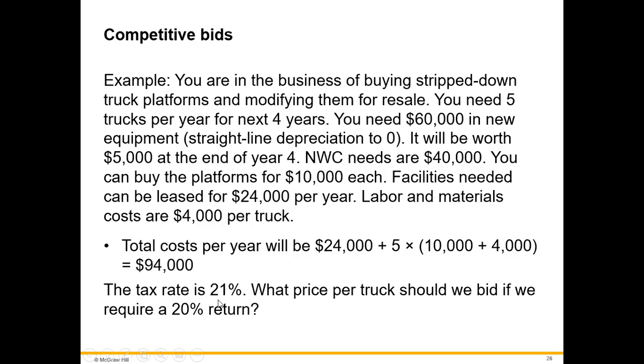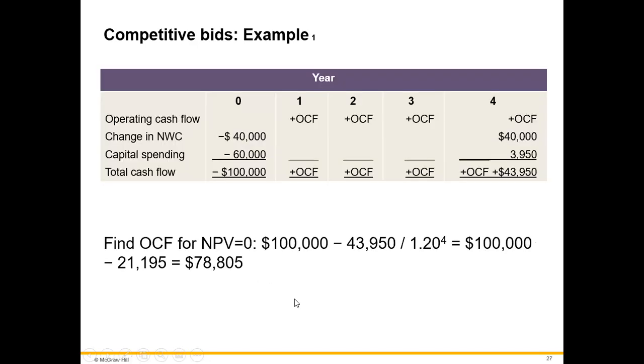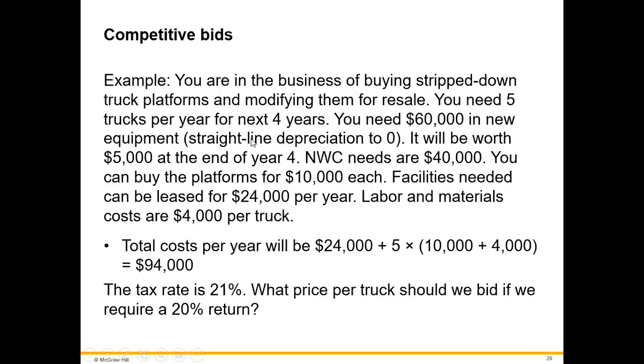Our tax rate is 21%, and our required rate of return is 20%. So let's determine, first of all, year or time zero. What do we need to expend?